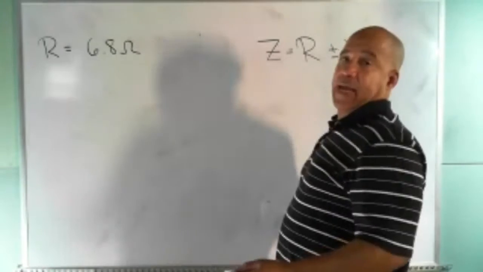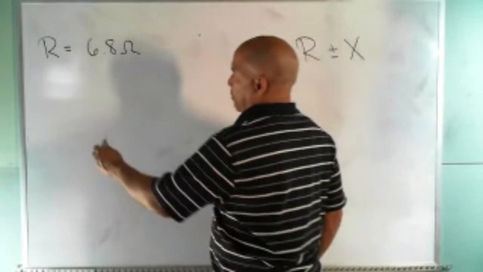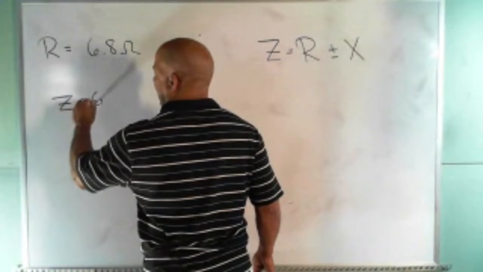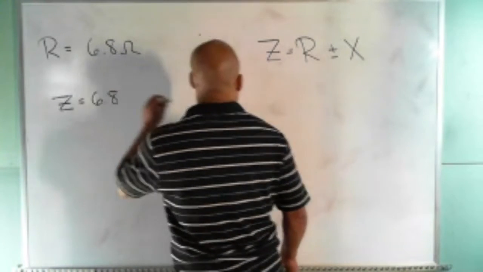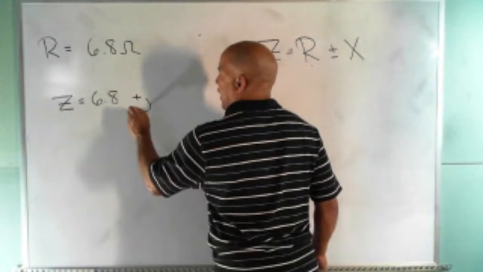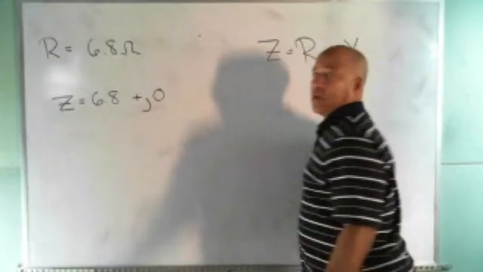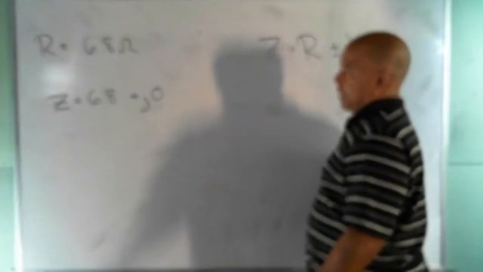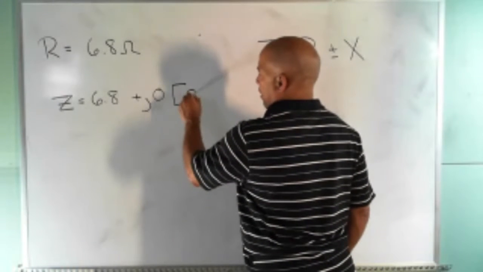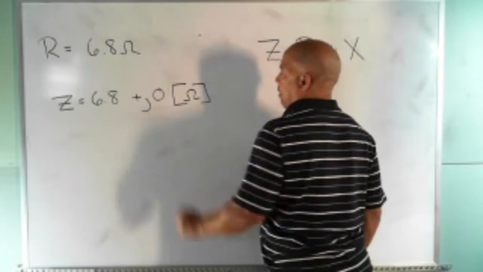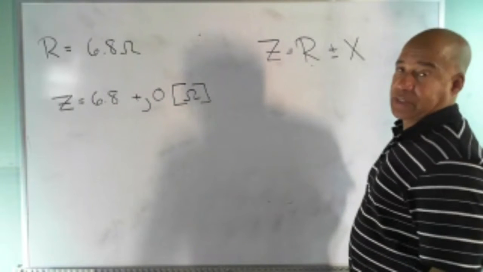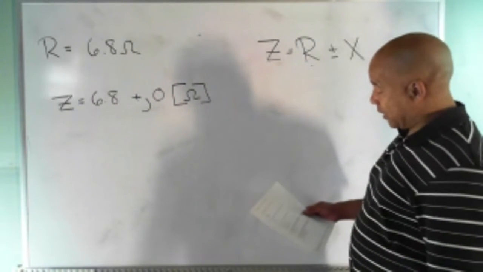So if I want to show that as an impedance, I say that Z equals 6.8. That's the resistive part, plus J0, because I don't have any reactive part. So that would be in ohms. I'll show it this way. So there it is, impedance in rectangular form, but they want it in rectangular and polar form.